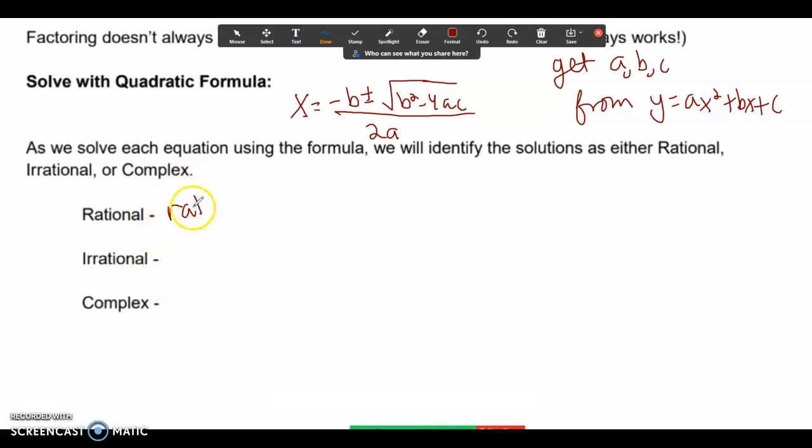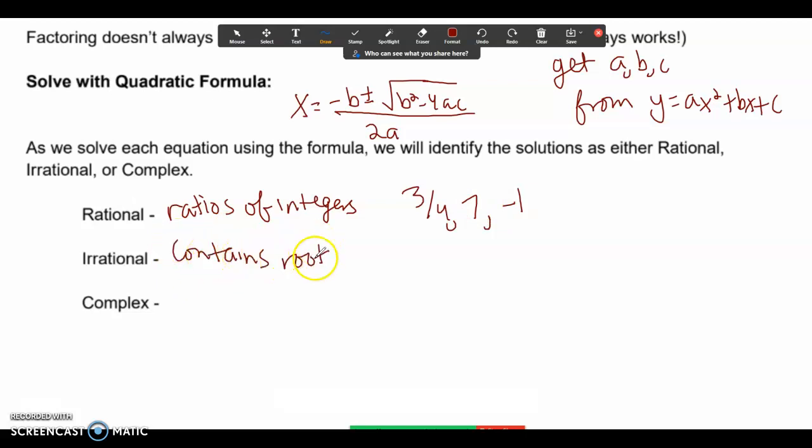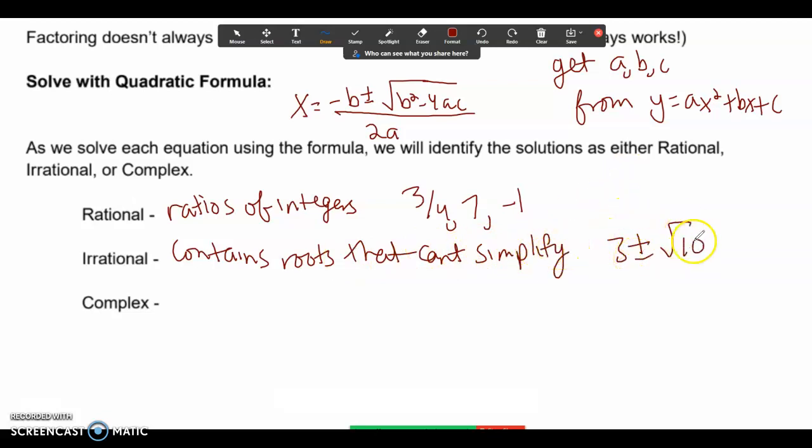Rational numbers are ratios of integers, like 3/4, a 7, a -1. Irrational contains roots that can't simplify, like 3 plus or minus the square root of 10.